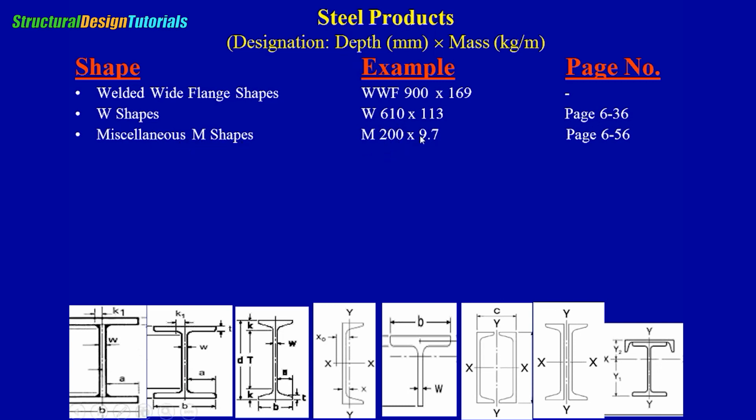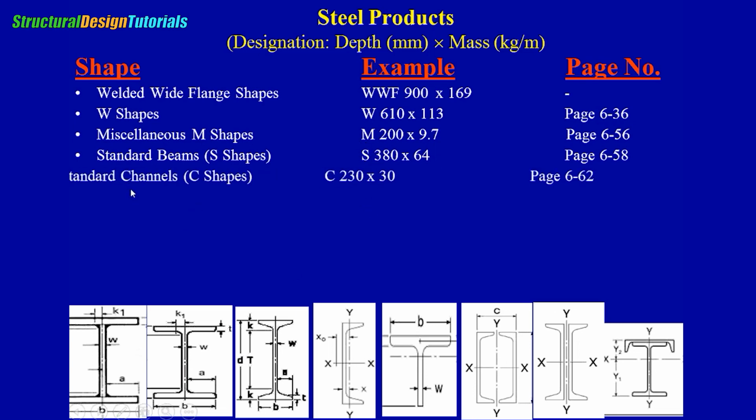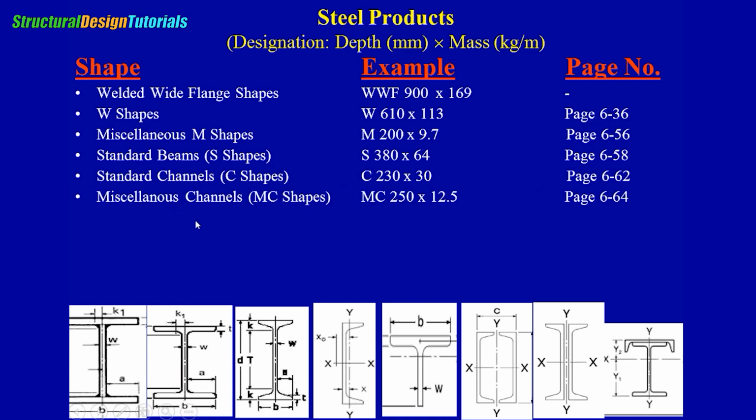200 is the depth, 907 is the kilogram per meter. Here is the mass. This is starting from page 656. Then the standard shape, it is the same, but we call it the standard shape here. Then you have the channel C, or they call it here MEC channel. So we have different types. The 230 is the depth of the beam, and mass is 30 kilogram per meter.